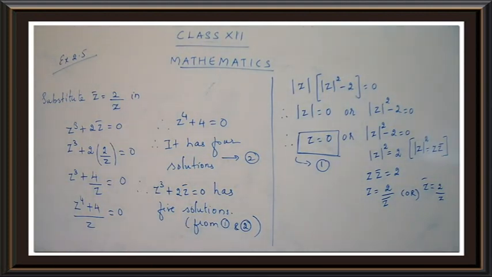Have you taken down the sum children? Is the sum clear to you? A very easy sum. Okay, let us take down some of the points children, so that will be useful for us to solve exercise 2.6.